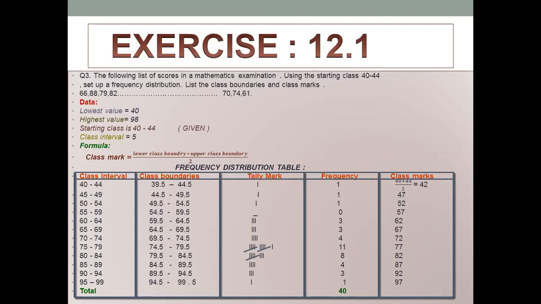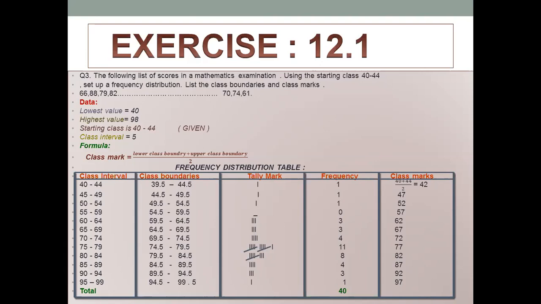And you see in the column of class mark, I did the first value for you: 40 plus 44 divided by 2, and it becomes 42, and 42 is the mid value of 40 and 44. And after calculating the class marks you will see that each value will be the mid value of the given two values. Now again you add 45 plus 49 and divide by 2, then 50 plus 54 divided by 2, then 55 plus 59 divided by 2.